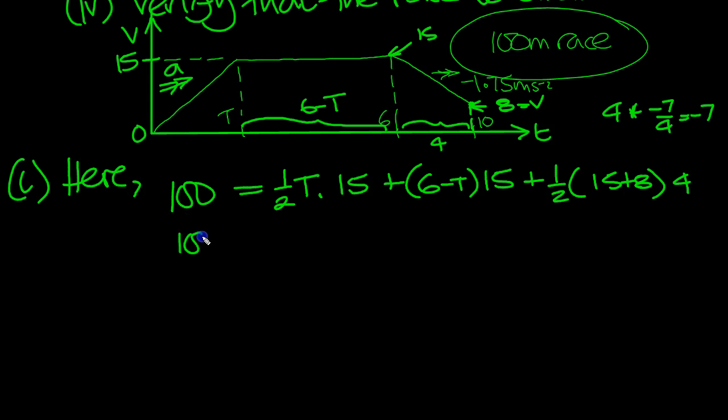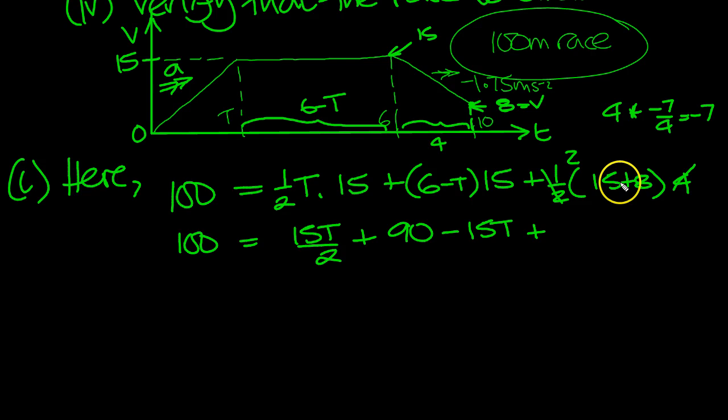So 100 then equals 15t over 2 plus 90 minus 15t plus the 4. What's the 4? Oh, the 4 times a half, and this will cancel to leave 2 on top. 15 and 8 is 23, times 2 is 46. So this and this is minus 15t over 2.